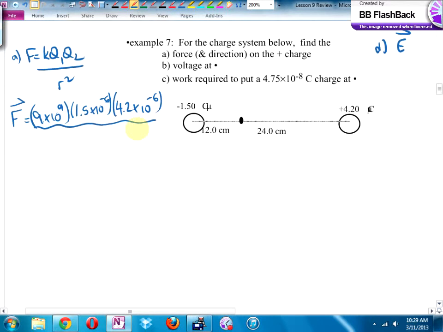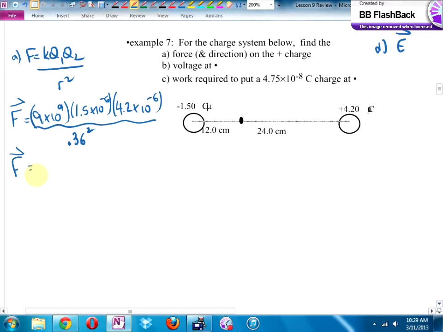Careful, what's your distance? What's your radius between these two? 36 is wrong. So if it's centimeters, what am I going to put? 0.36 squared. How many newtons of force is there?